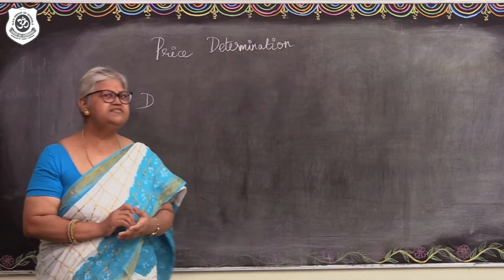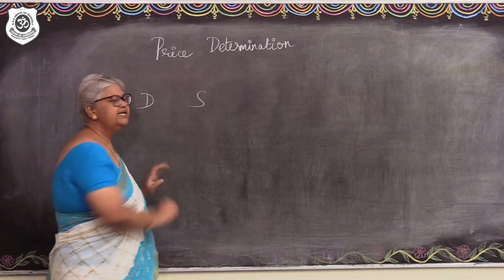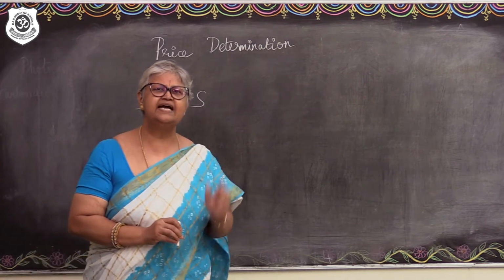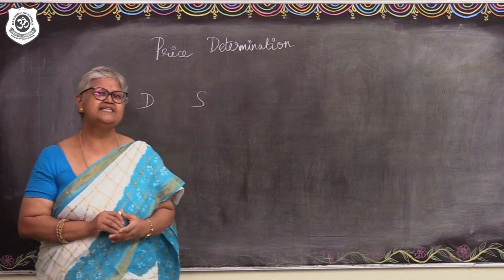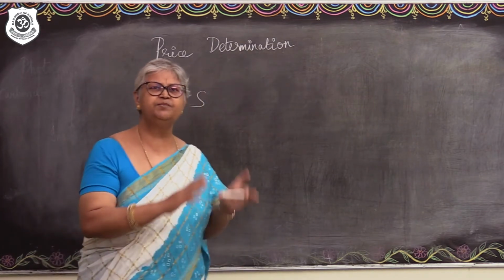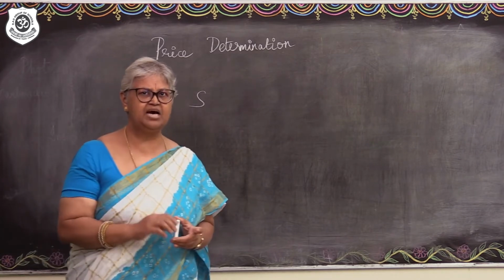And as per the law of supply, you know that there is a positive relationship between the price and the supply. Again, ceteris paribus, there exists a positive relationship between price and the quantity supplied in the market.